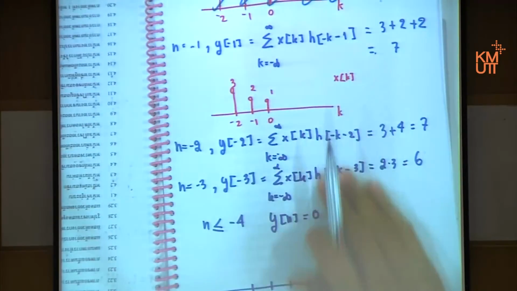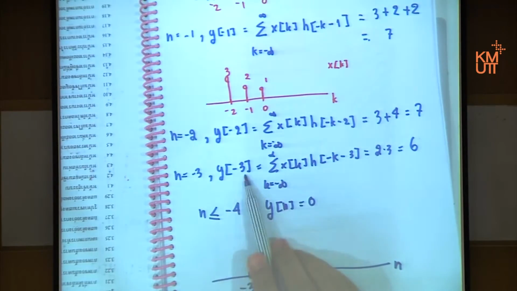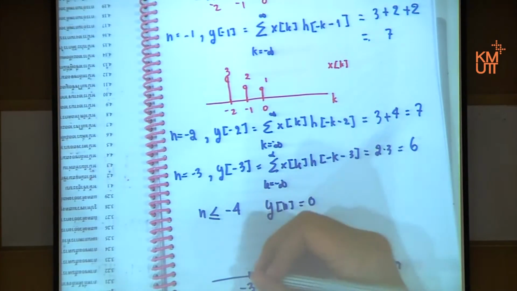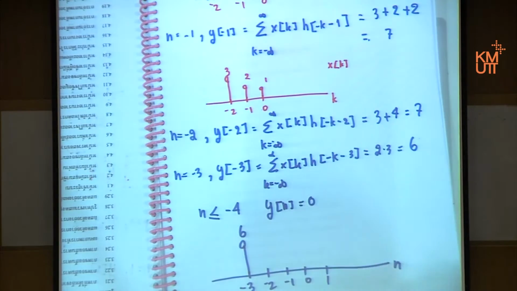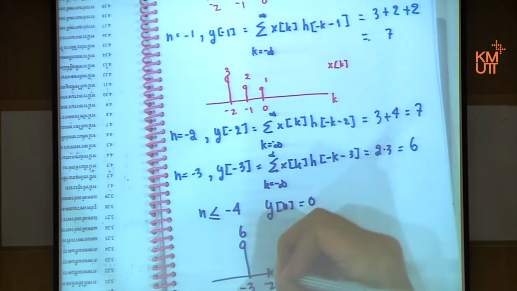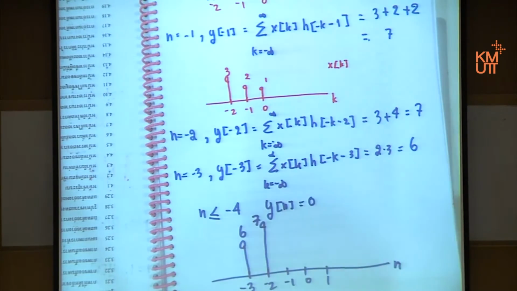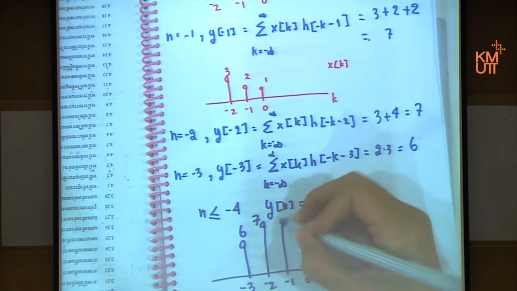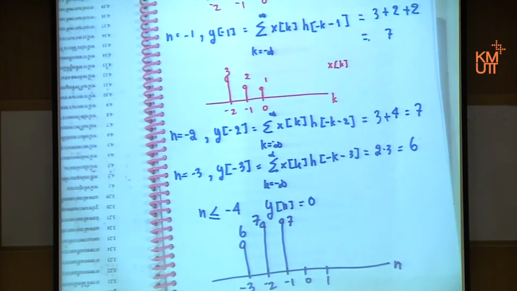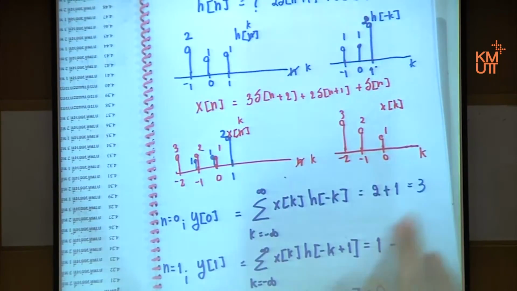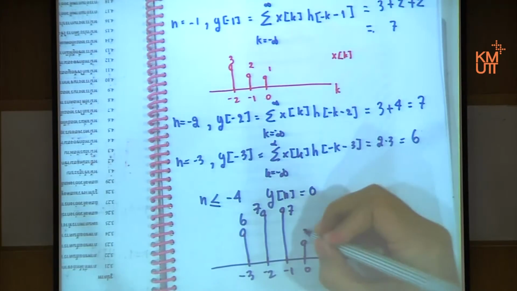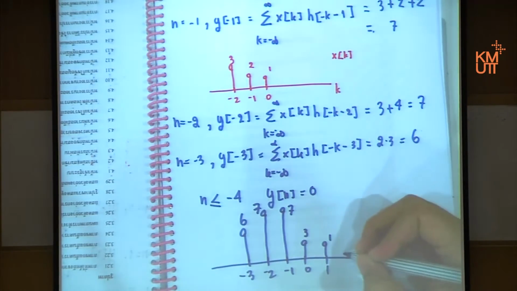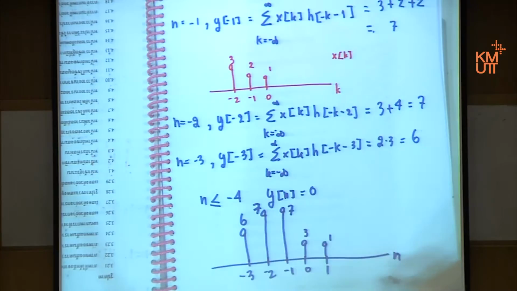When n equal to minus 3, y[-3] you get 6, right? y[-2] is 7. y[-1] is 7. y[0] is 3, y[1] is equal to 1. 3 and 1, and for other values it is equal to 0.